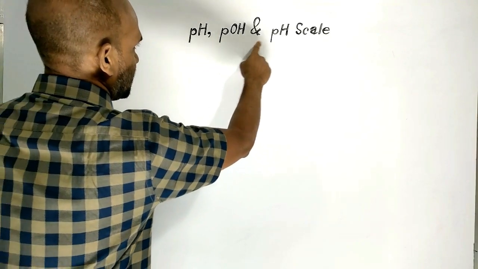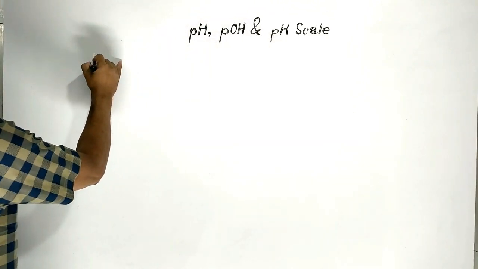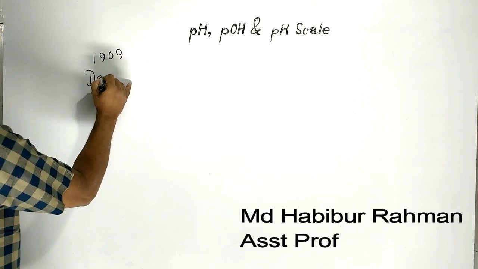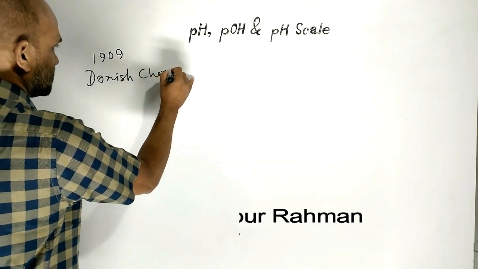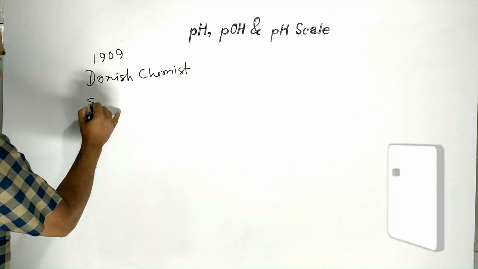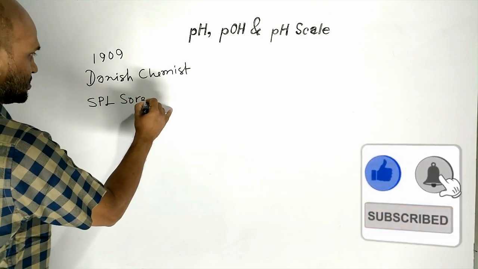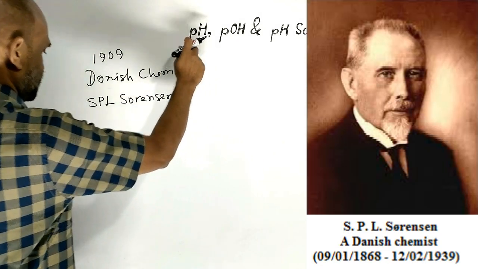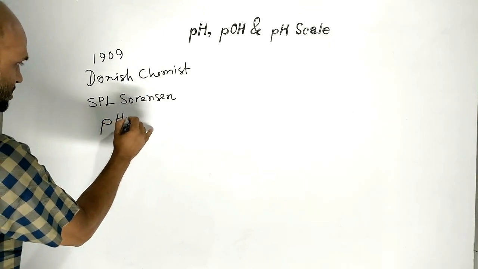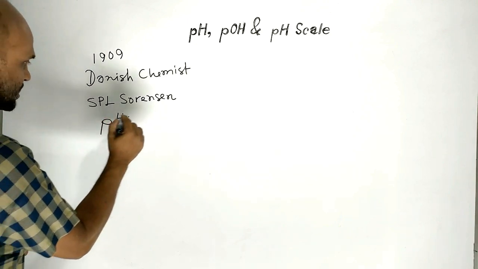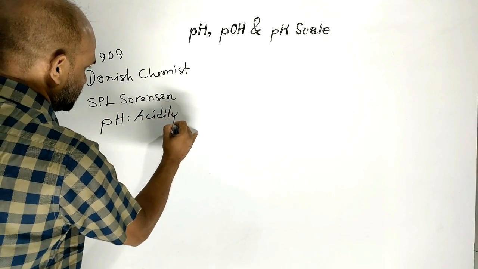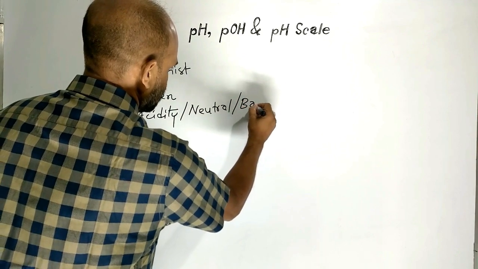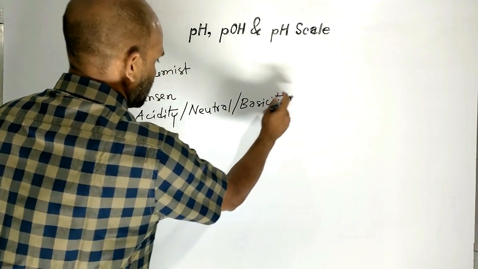pH, pOH and pH scale. In the year 1909, a Danish chemist S.P.L. Sorensen first introduced the concept of pH. pH values indicate acidity, neutral and basicity of any substance.